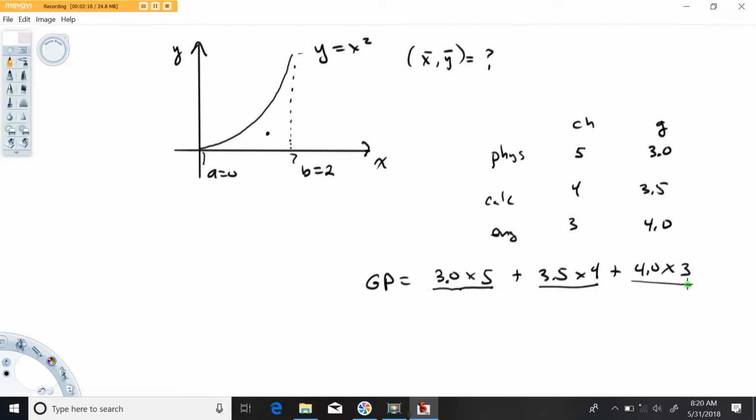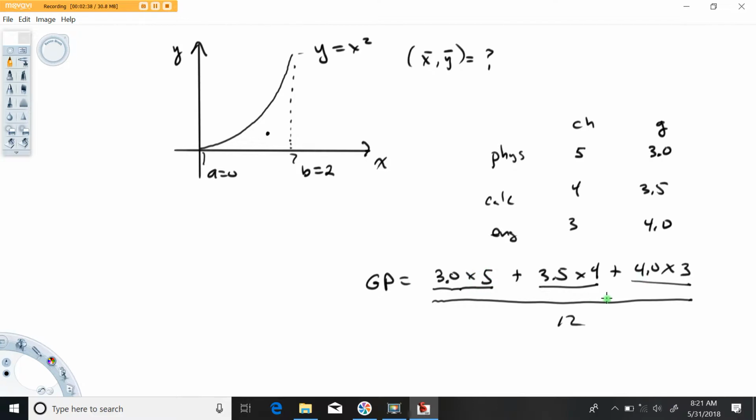We want it to work out to just your grade. So what you do is you divide out the total number of credits, which in this case would be 5 plus 4 is 9, and 3, 12. So you notice now that each term is grade times credit over credit. So each term is a grade. And again, this is called a weighted average. We are averaging the 3, the 3.5, and the 4 and weighting it by the number of credit hours.